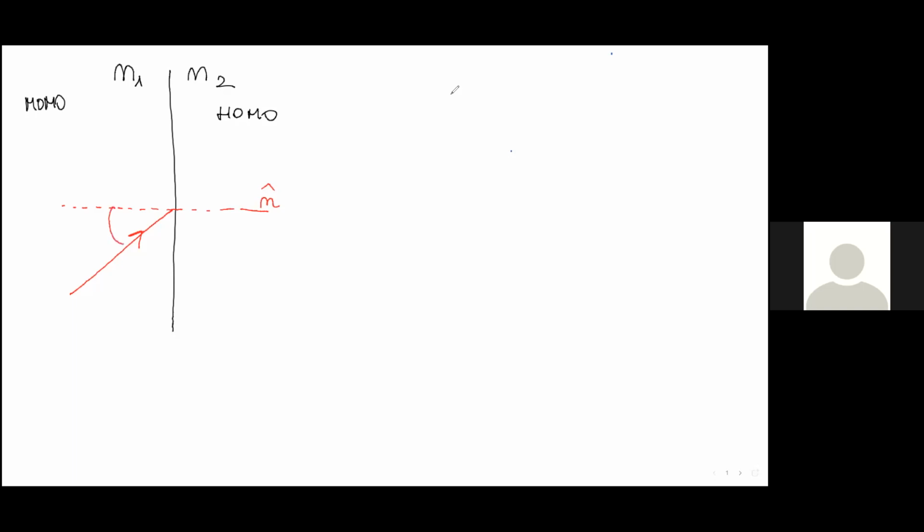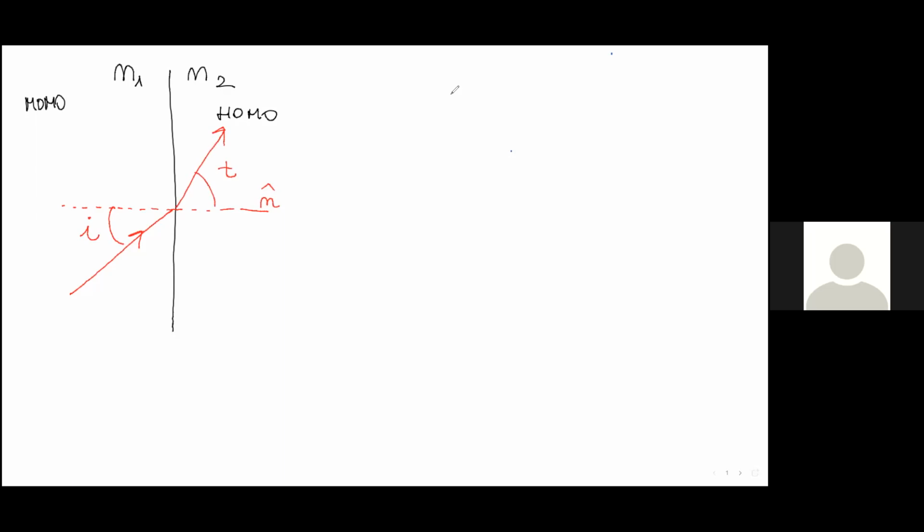I can identify this angle here as the so-called incidence angle. Okay? And light will cross the interface, and in general, the light beam will come out at a different angle that I will call T, the transmission angle, and in general, the two angles are not equal to each other.